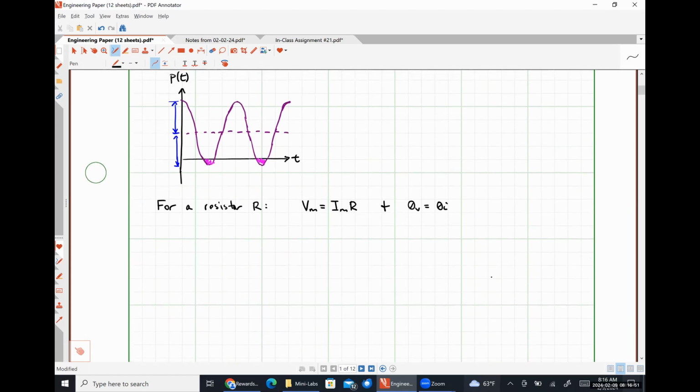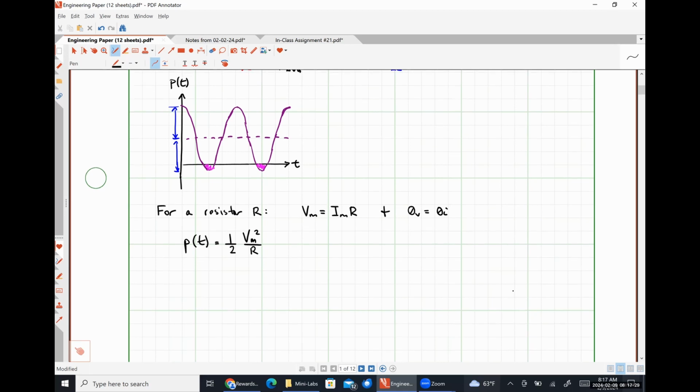So in terms of the voltage, we're going to have p(t) equals 1/2. Well, the magnitude of the voltage is already in terms of voltage. The magnitude of the current could be written as Vm divided by R. So I would have Vm times Vm divided by R, which is actually going to look like Vm squared over R. Then we're going to have cosine of theta V minus theta I, right?